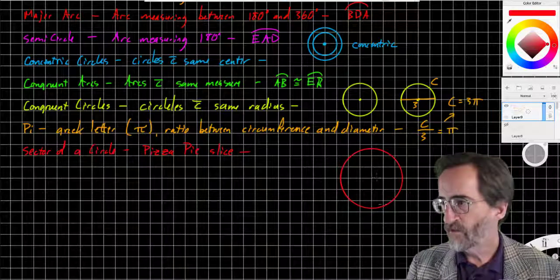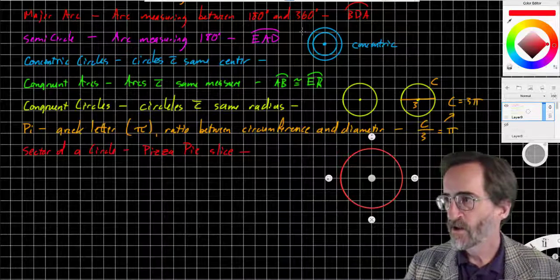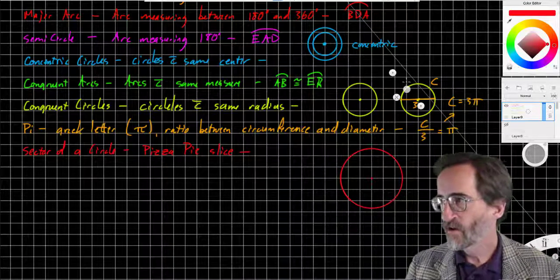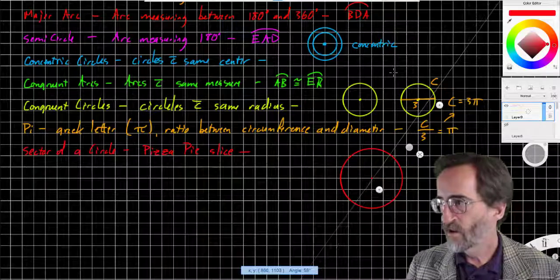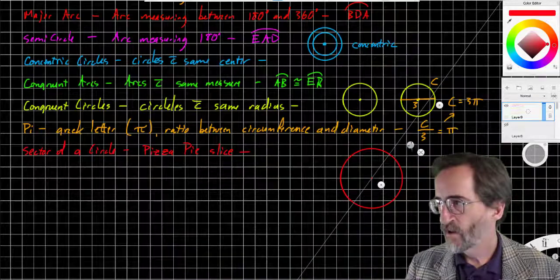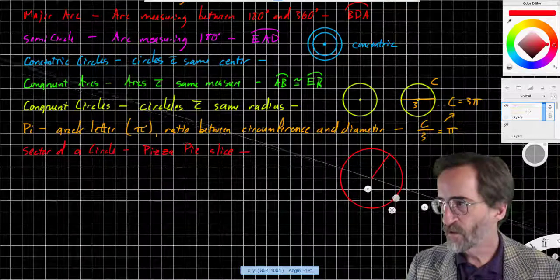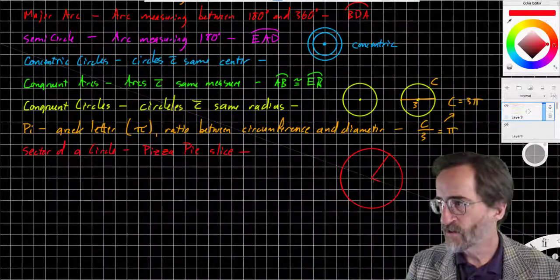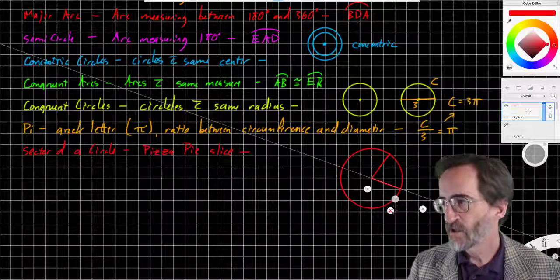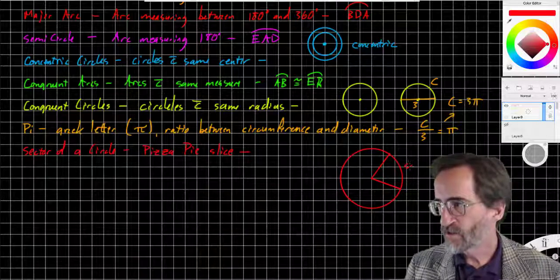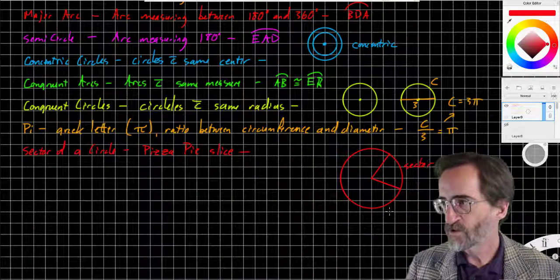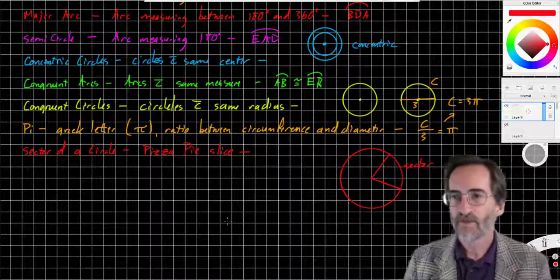And I'm going to draw two radiuses. One and two, and the two radiuses divide this actually into two sectors, but we're going to call this one a sector. We usually refer to the smaller of the two.